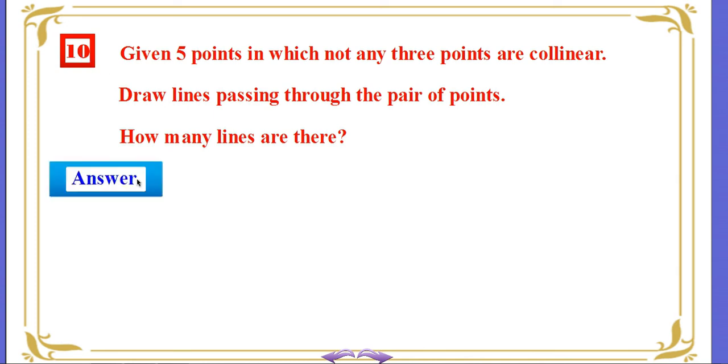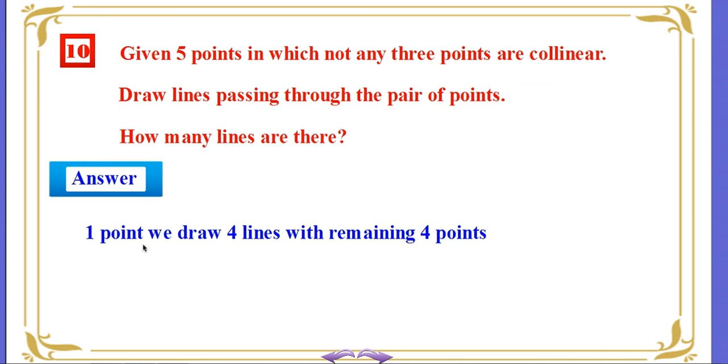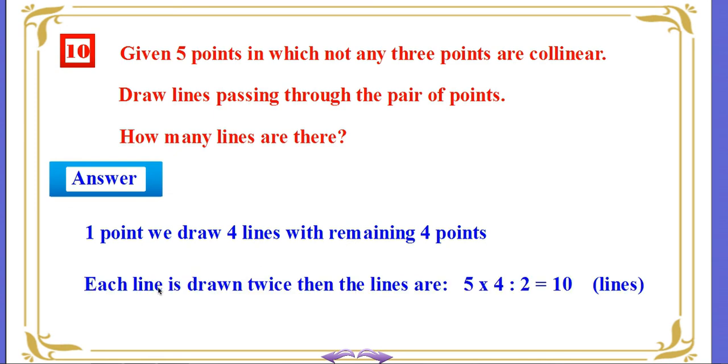From 1 point, we draw 4 lines, which leaves 4 points. Each line is drawn twice, so the number of lines is 5 multiplied by 4 divided by 2. Then we have the result: 10 lines.